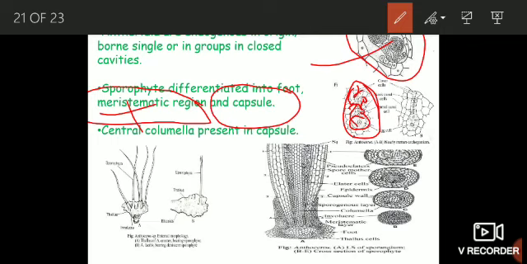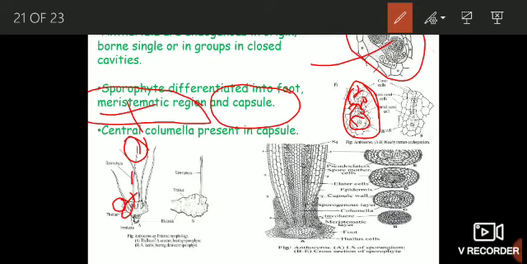Here you can see the part which is embedded in the thallus is the foot. Then you have a meristematic seta, and because of this meristematic seta which continuously divides, the sporophyte grows long, its length increases because of this meristematic region.